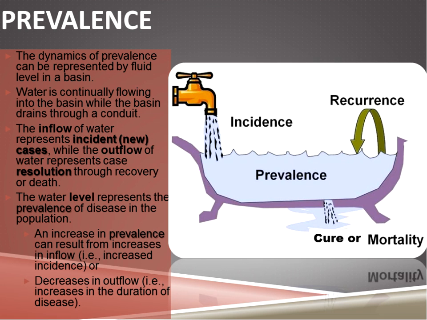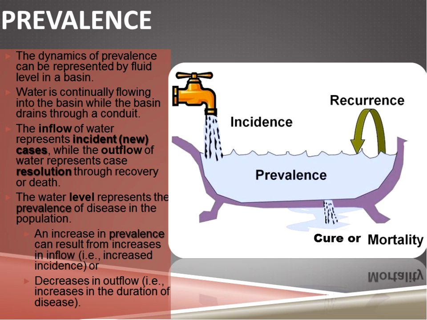So the dynamics of prevalence can be represented by fluid filling a basin. Water, which is your incidence rate, is continually flowing into the basin, and the basin drains through the outlet. The inlet of the water represents incidence.